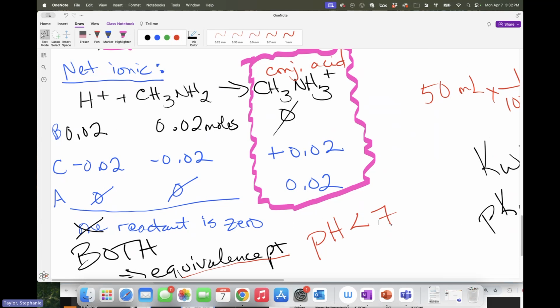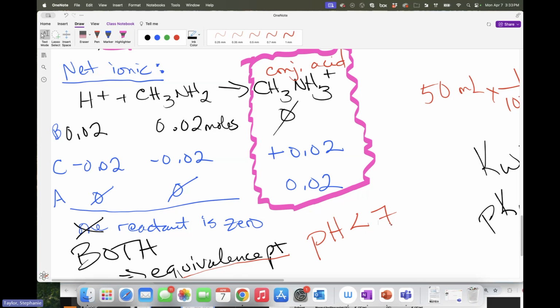So my final pH should be an acidic pH. I'm at the BCA table. The only thing I have left is acid. If the only thing I have left is acid, gotta be a pH lower than 7. So I know that already. Now, like I mentioned, I could also know that just from the fact that it's an equivalence point.